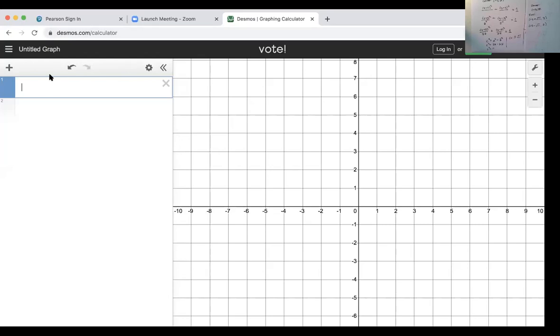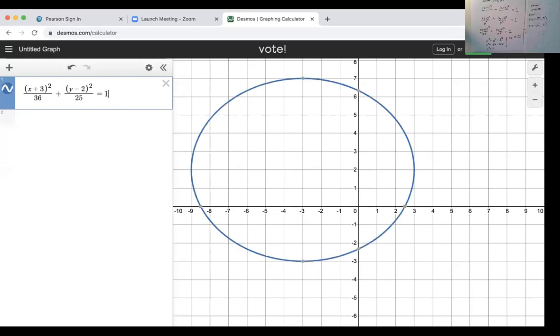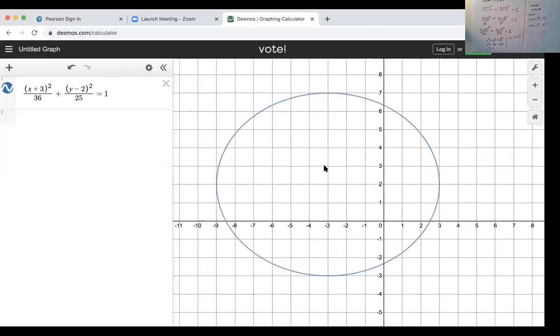So we're going to graph (x plus 3) squared over 36 plus (y minus 2) squared over 25 equals 1. So that should look like what we saw on the other page.